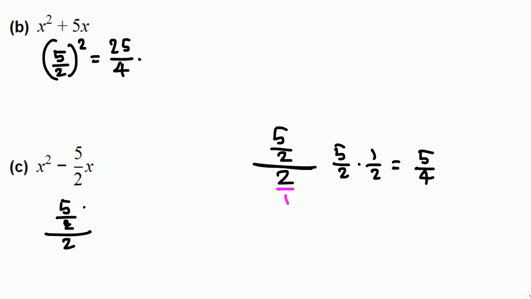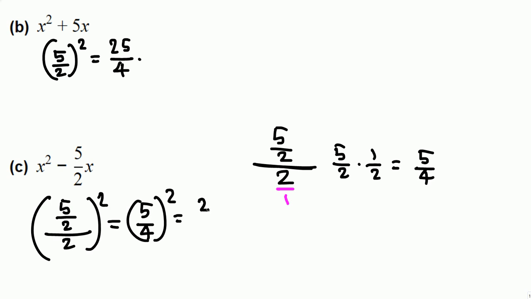Okay, half of 5 over 2 quantity squared, and this one is 5 over 4 quantity squared, which is 5 squared, 25, over 4 squared, 16. So we need to add 25 over 16 to make it a perfect square.